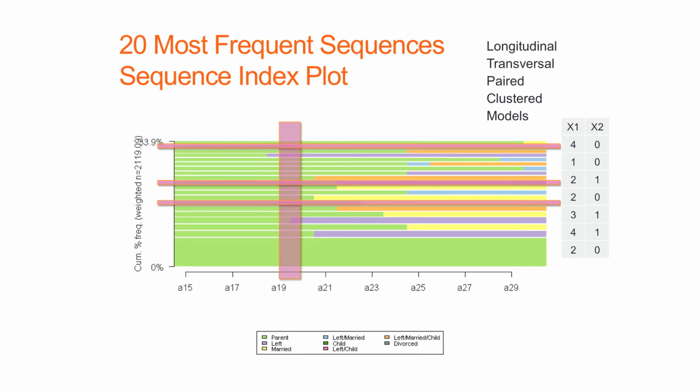So the sequence data differs from other kinds of data because it has that time dimension to it, so we can do more things with it. This pink bar shows that we can look at a sequence longitudinally and describe it, try to understand it. We could also look at a whole sample of sequences at one point in time and look at the transverse characteristics.